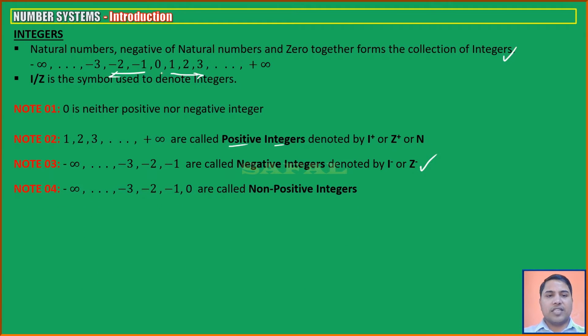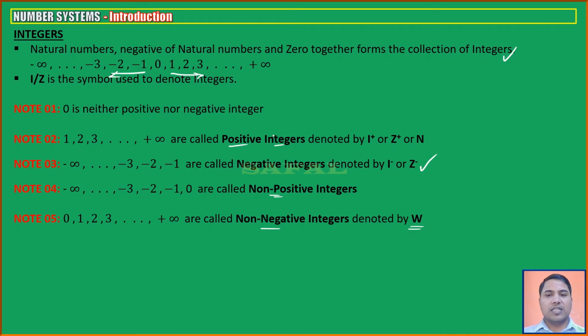Note number 4: if you take 0 with negative integers, we call that non-positive integers. And if we take 0 with positive integers, we call that non-negative integers. And of course non-negative integers are basically whole numbers. So these terms will be frequently used.